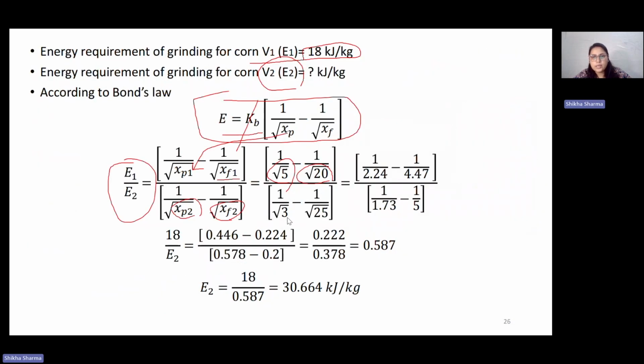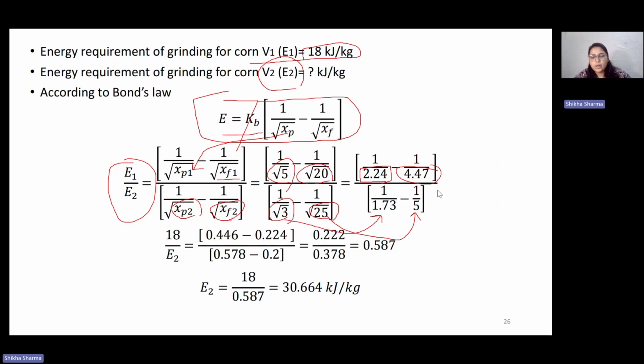So xp2 is 1 upon under root 3, minus 1 upon under root xf2, which is 25. When we solve this, under root 5 is 2.24, under root 20 is 4.47, under root 3 is 1.73, and under root 25 is 5.